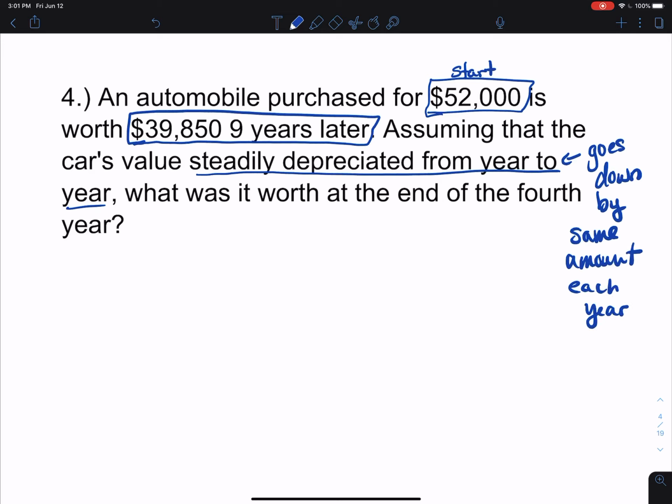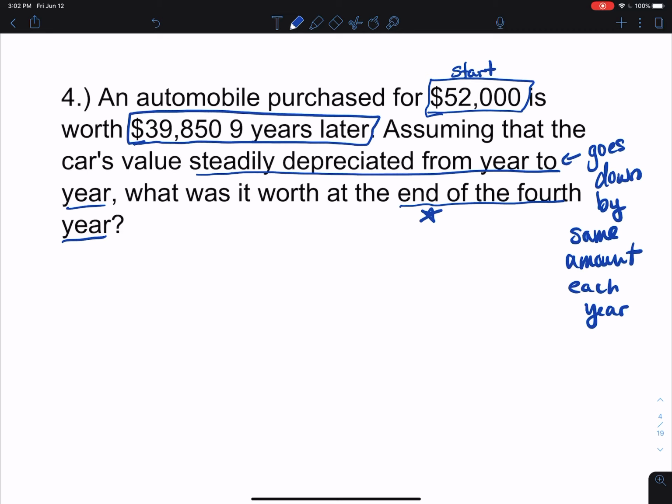And they're asking us, what was it worth at the end of the 4th year? So this is what I really want, what it's worth at the end of the 4th year. Now, just from looking at it, I can't really figure that out. So what I'm going to do first is try to figure out how much it goes down by each year.